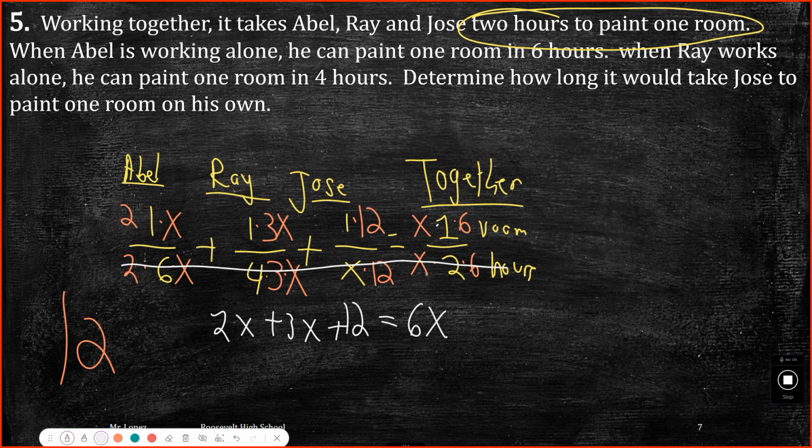Now what do we do? 2x and 3x is what? 5x? Now what do we do? Minus, so x equals what? X equals 12, you know? Yes? Now that's the lazy person here, you see? 12 hours.